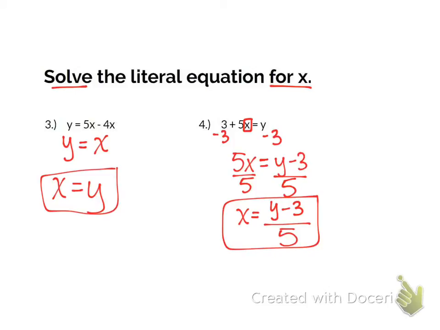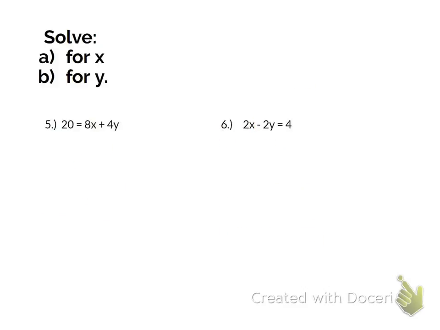Questions, concerns before we move on? Okay. All right, on these, we are going to do each problem 2 times. The first time we'll solve for x. The second time we will solve for y.